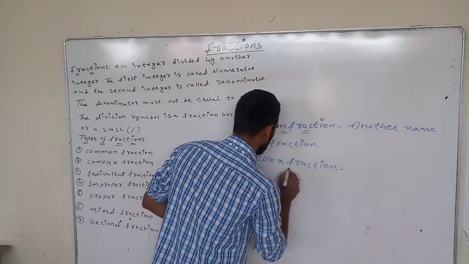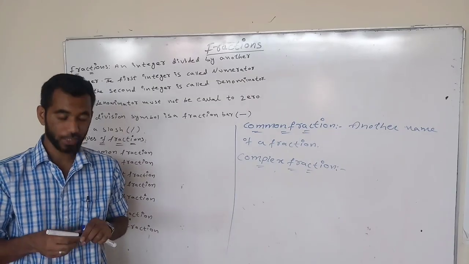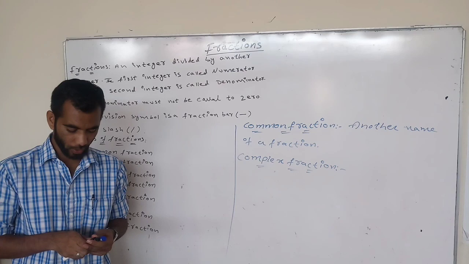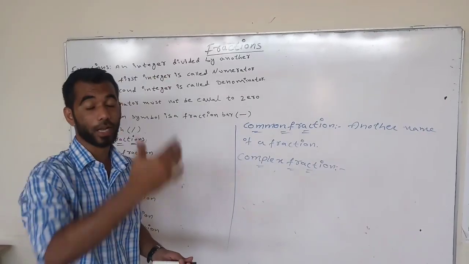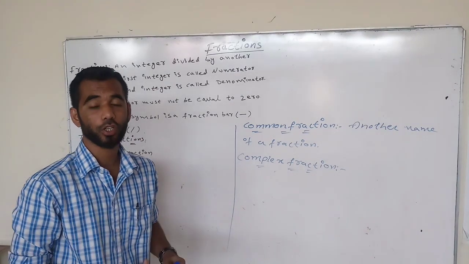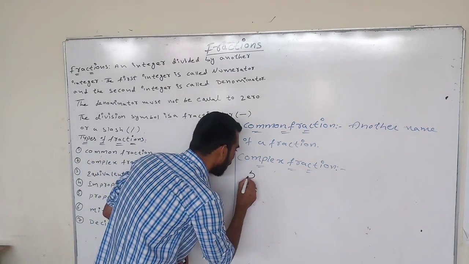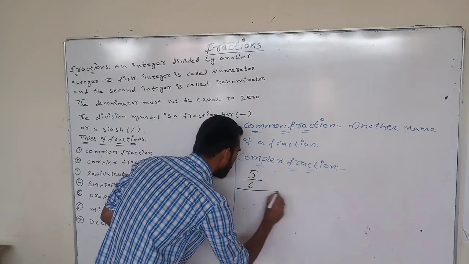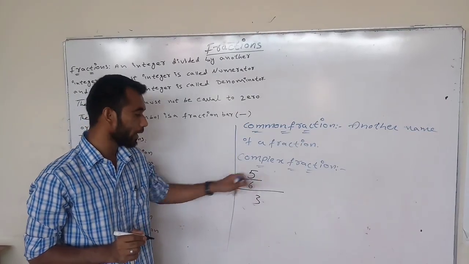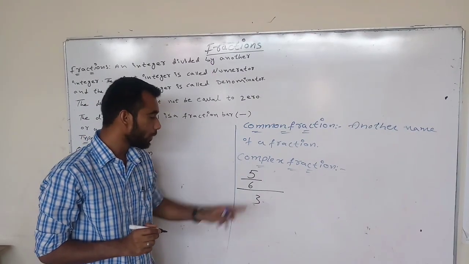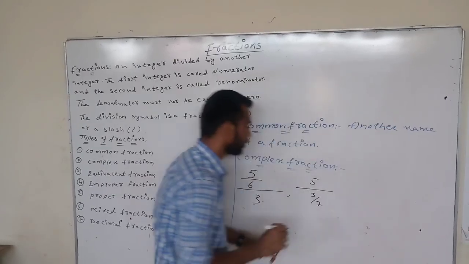Complex fraction. Maybe this is new for you. What is a complex fraction? A fraction which further forms a fraction either in the numerator or denominator or in both is called a complex fraction. Example, 5 by 6 by 3. Here the fraction is forming again in the numerator. Or 5 by 3 by 7.